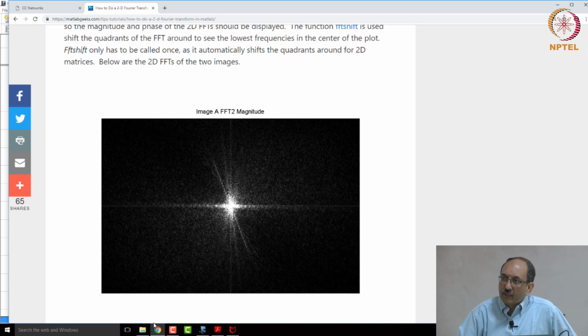So, if the signal were mainly low pass, then you will have components mainly around omega equal to 0. If the signal were mainly high pass, you will have components mainly around omega equal to pi, alright. Now, this is the 2D Fourier transform and again the x and y axes are indeed frequencies, but this is what is called spatial frequency, alright.